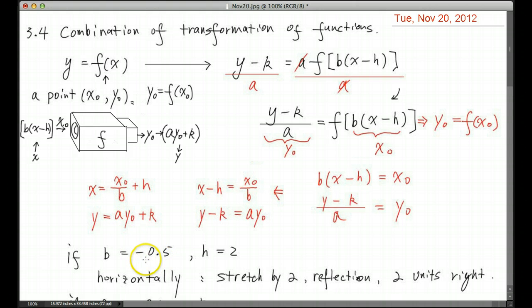Since b is negative, you have a reflection. Dividing by 0.5 is equivalent to multiplying by 2, so it's a horizontal stretch by a factor of 2. And after you've done that, plus 2 means you move 2 units to the right, right? So the x increased by 2, so 2 units to the right.